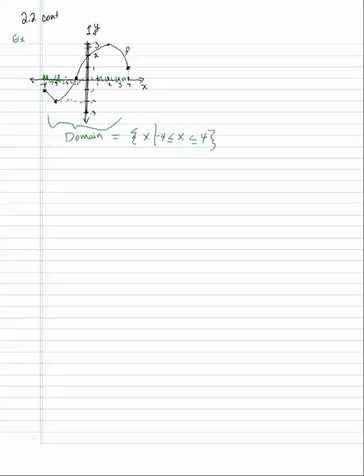It would be all these points between negative 2 and 3. So that's your range: the set of all y's such that y is between negative 2 and 3. That's the way you would determine it by looking at a graph.